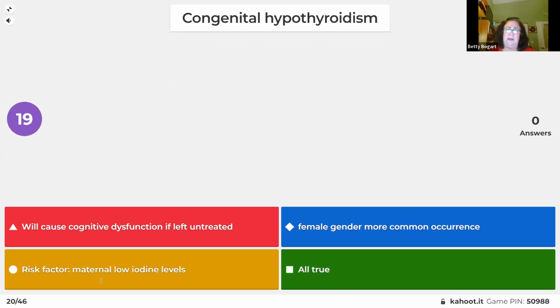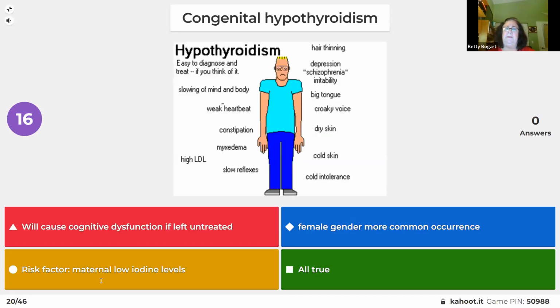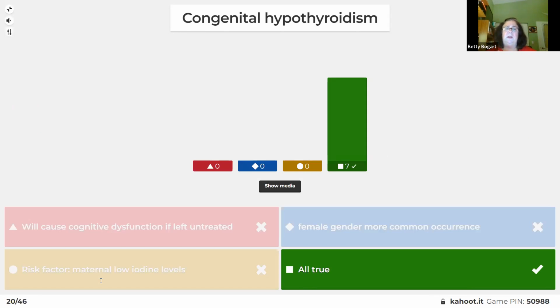Congenital hypothyroidism. You're born with it. Congenital always means they're from birth. We know that if the mother has thyroid problems and we don't know it, one of the things that will make us check for thyroid function is constipation.